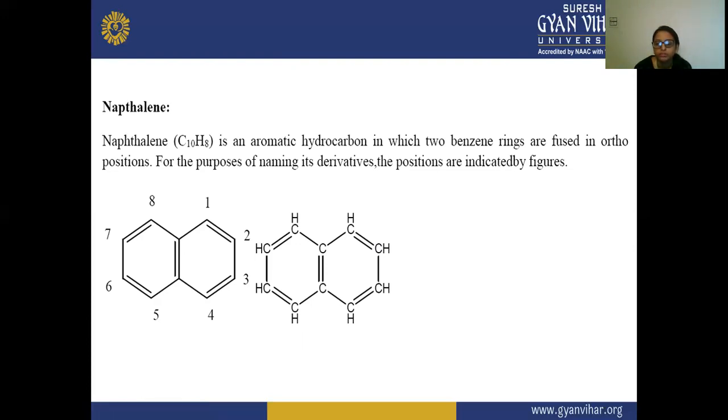So here 2, 3, 4, and 1, 2, 3, 4. So both of these carbons are bonded to the four sides. That is why they are not having any hydrogen present on them. And this carbon is having one hydrogen because 1, 2, 3, 4. These are bonded to one hydrogen, and to two sides the carbon is bonded to two other carbons.